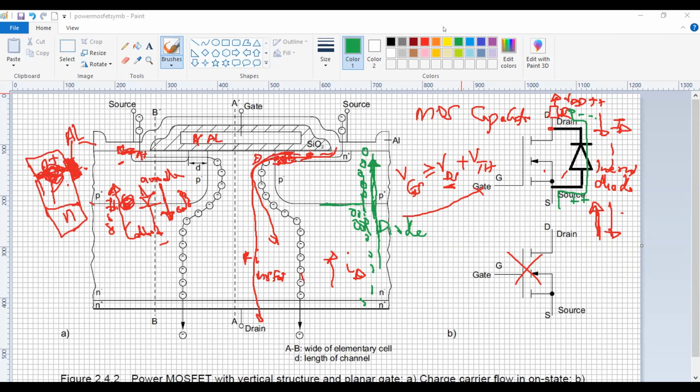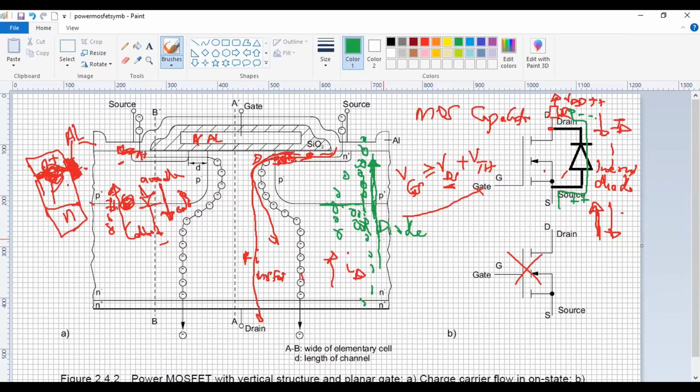Okay, but mainly, you can see the direction of the electrons changes. That's the difference. So for the green, what I've written as green, the electrons are flowing from the drain and going to the source.